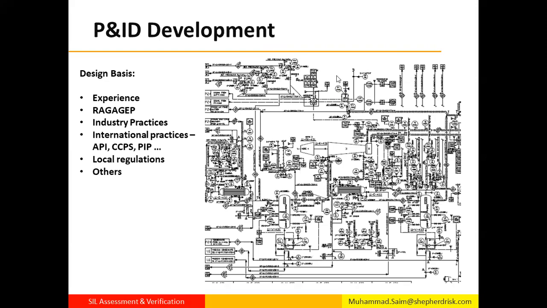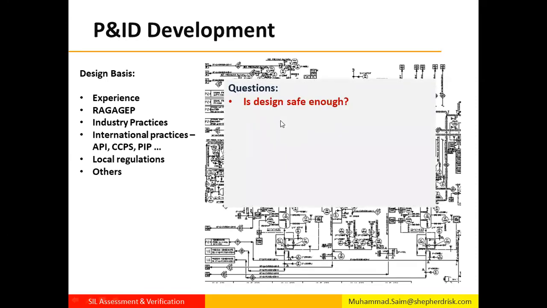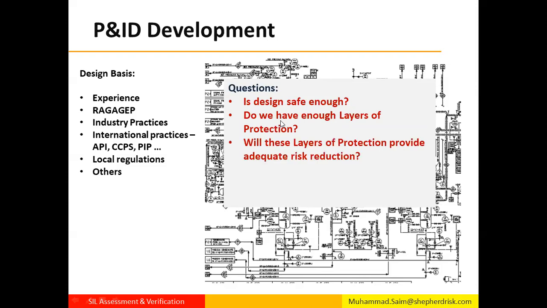When we do a process safety review, we ask certain questions. Is the design safe enough? Do we have enough layers of protection? Will these layers of protection provide adequate risk reduction? Will these layers of protection function as desired when needed?